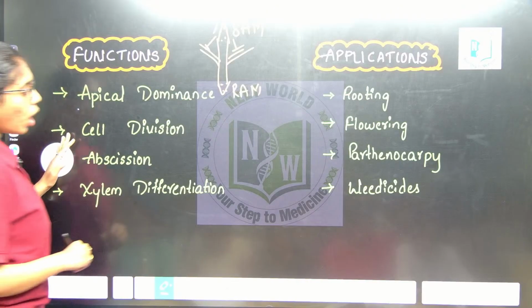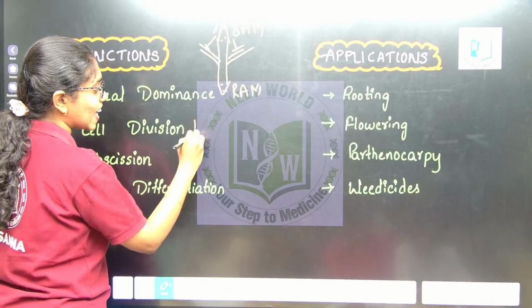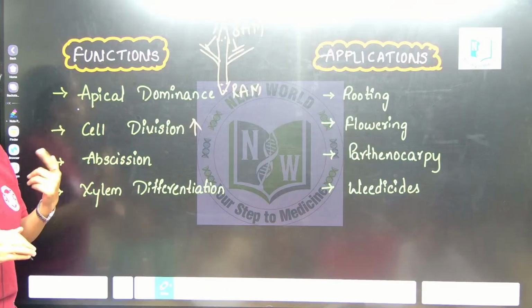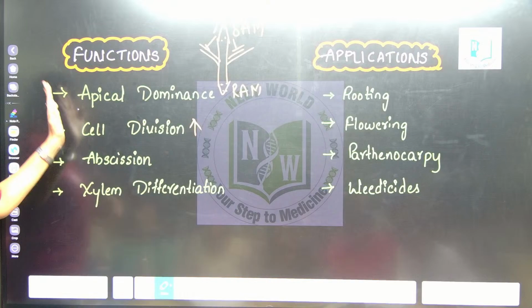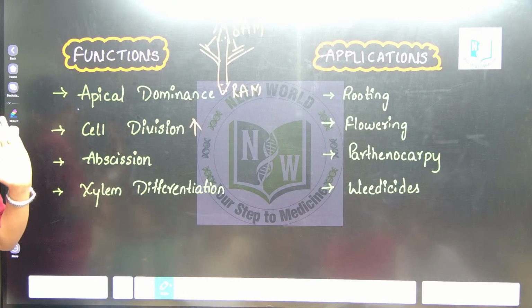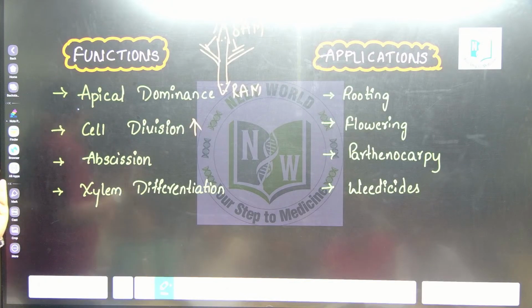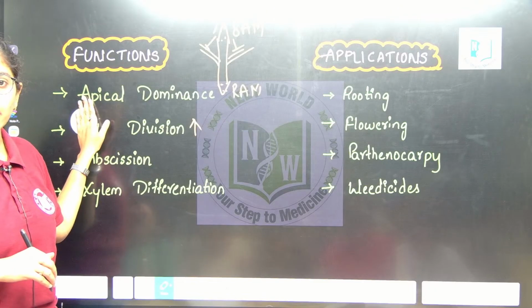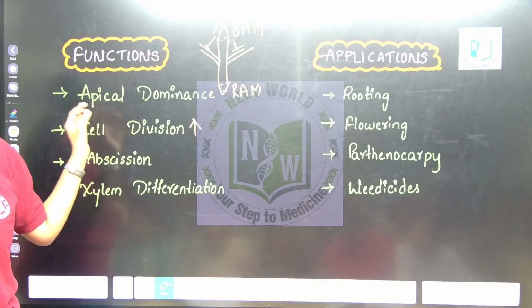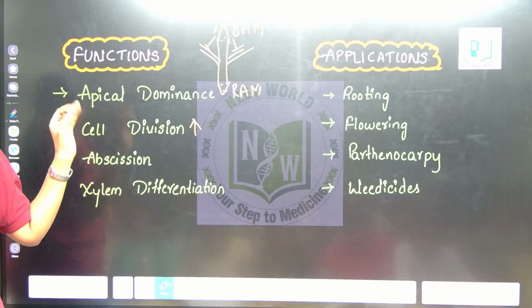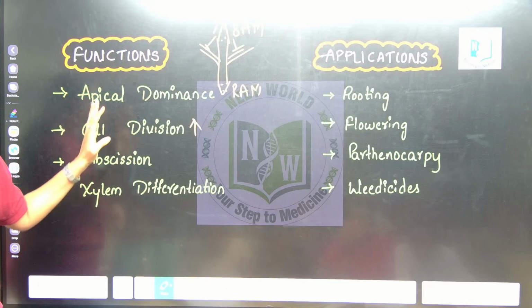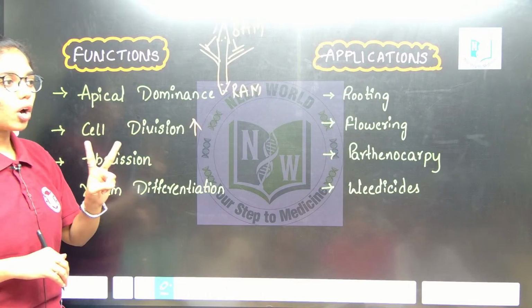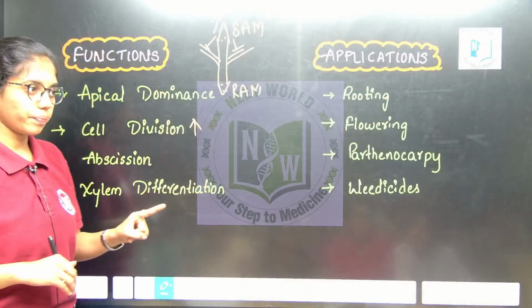Second function, auxin promotes cell division, though not more than cytokinin. When you consider cell division, auxin and cytokinin are synergistic in their function. Wherever I say synergistic and antagonistic, please focus there, because you will get questions on synergistic and antagonistic functions of phytohormones. Synergistic means two phytohormones promoting the same function.